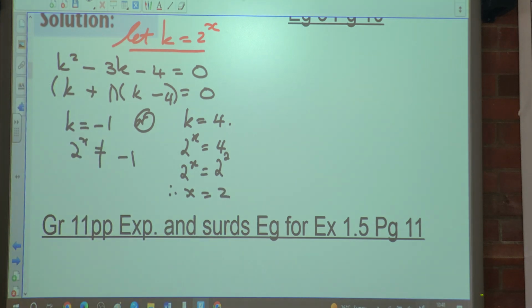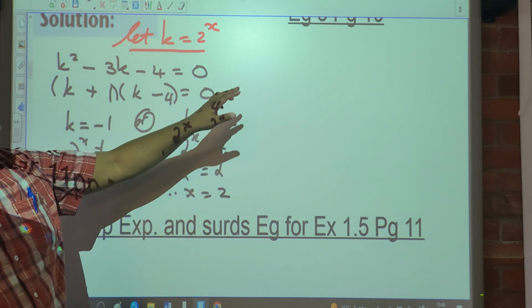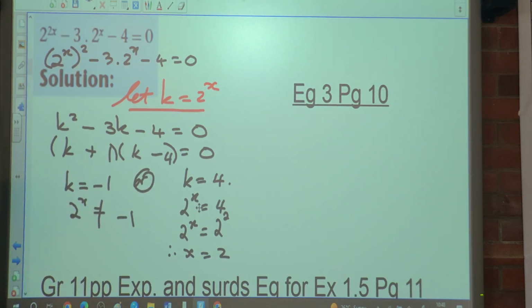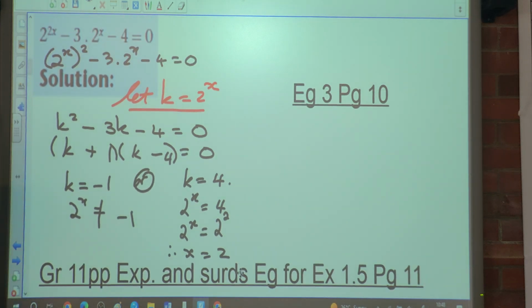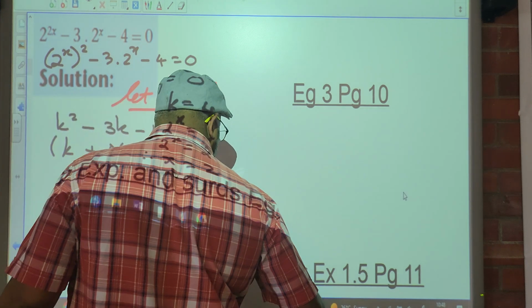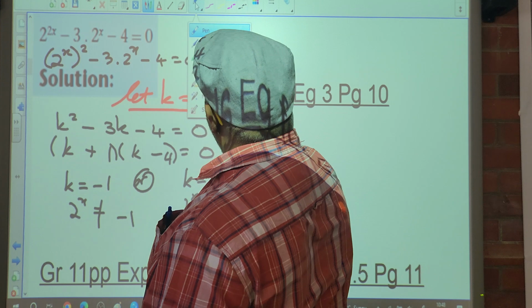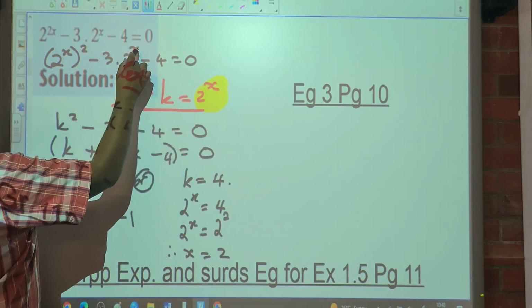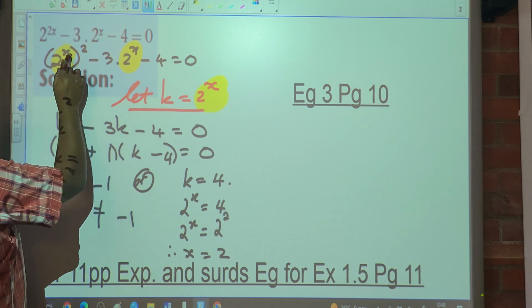Okay? Yes? What don't you understand, Michael? Where did I get k? Negative 3k. You see here? Wherever I see a 2 to the x, I put a k. So there's a 2 to the x, and there's a 2 to the x.